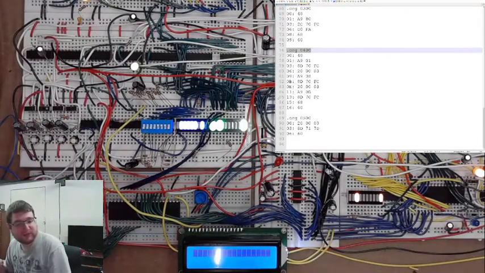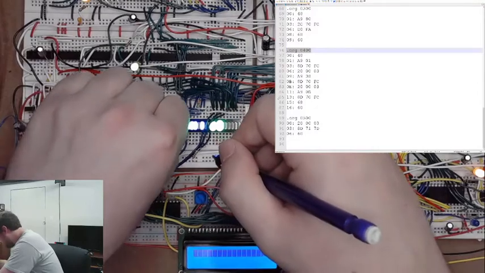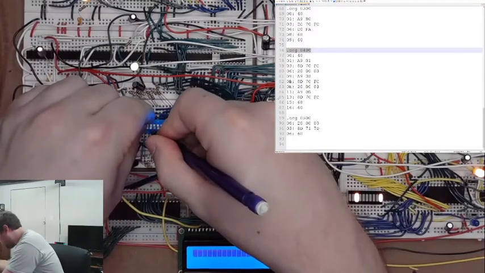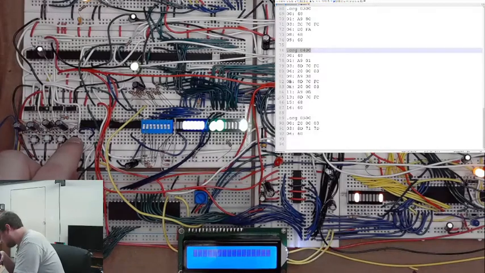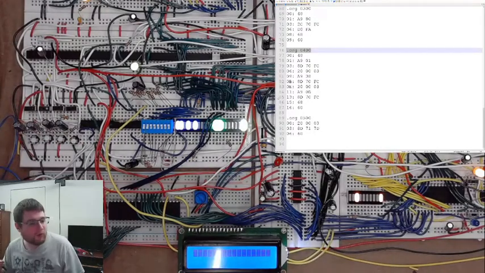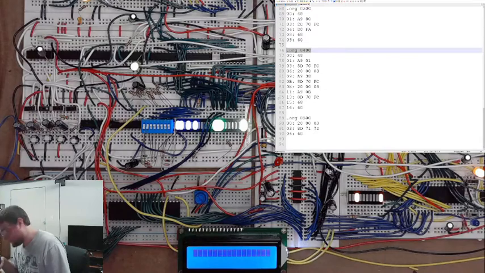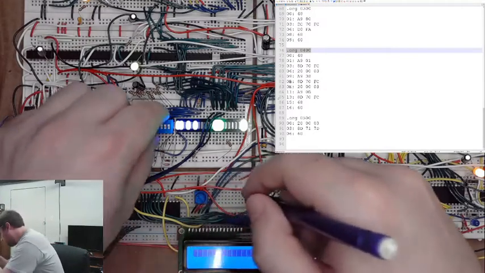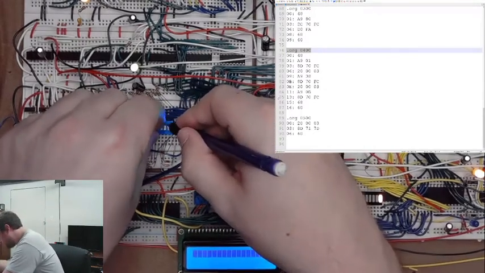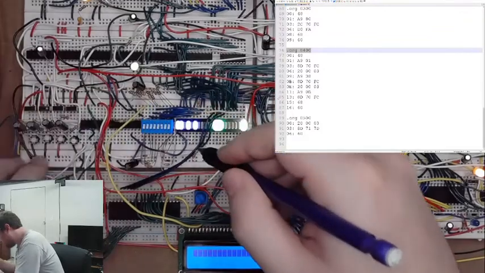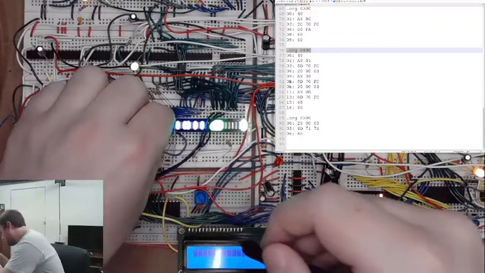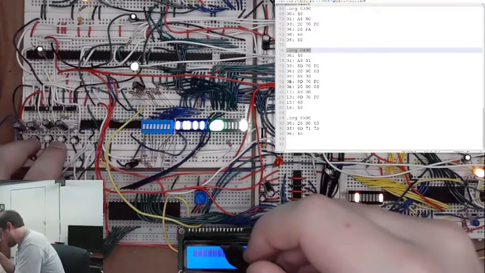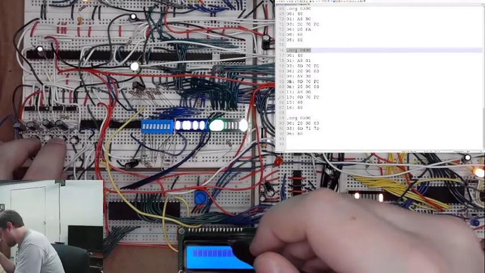Next, this should be probably FC. Where should I be? 6. That is 6. So 20. 00. Where do I need to be?